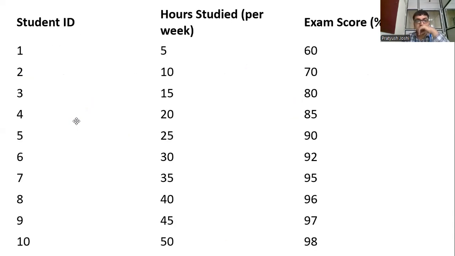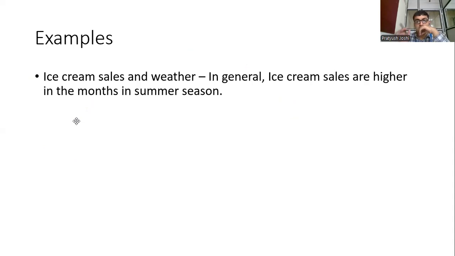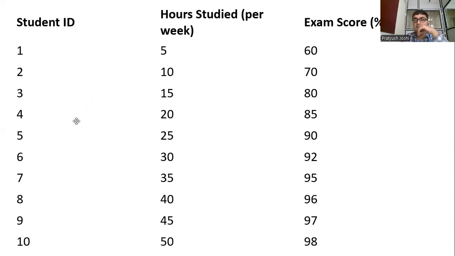Now let's discuss another example. So another example could be this one, where we are talking about two variables. One variable is number of hours studied per week and the other is the exam score.